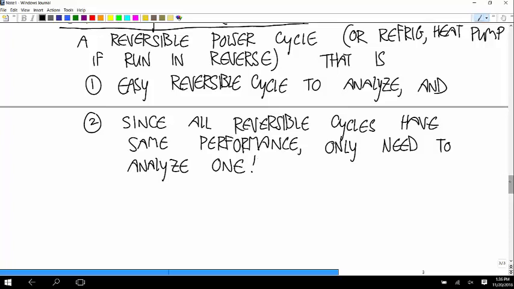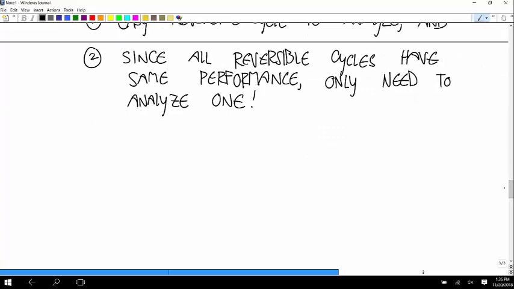Okay, so here is how this system works. This is a Carnot power cycle.